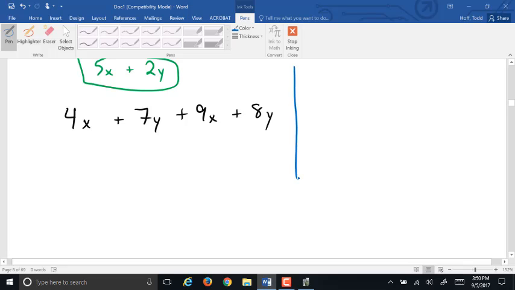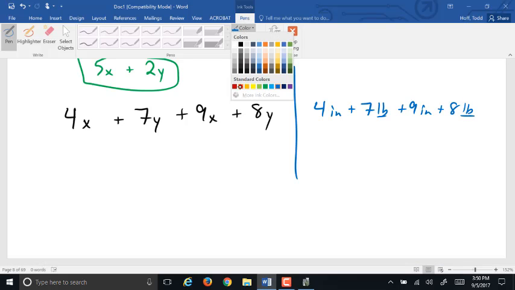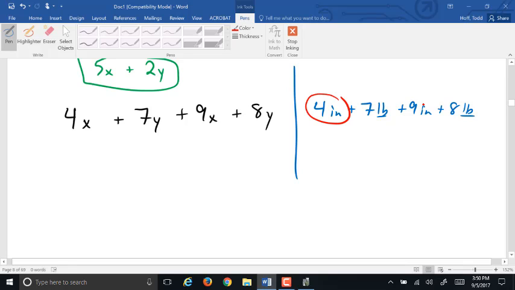It would be just like having 4 inches and 7 pounds and 9 inches and 8 pounds. Over here, we can combine the things that are the same. We can combine inches and inches, and we can combine pounds and pounds. Well, over here, it'll be the same thing. The 4x can be combined with 9x. That'll make what?